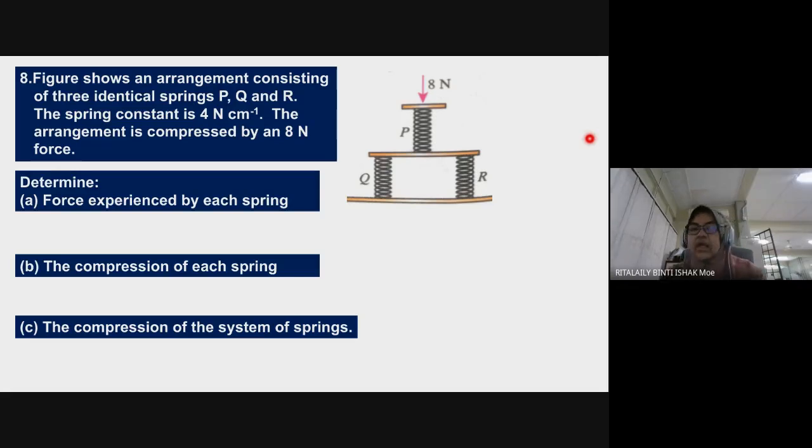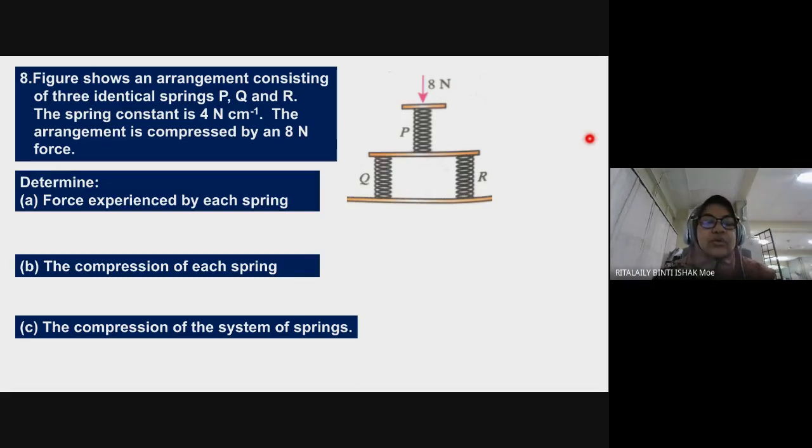Okay. So, we have 3 identical springs, P, Q, and R, and the spring constant is given as 4 N cm^-1. The arrangement is compressed by an 8 N force.